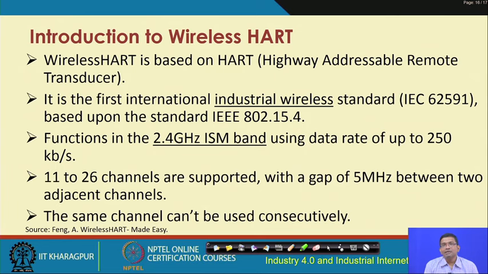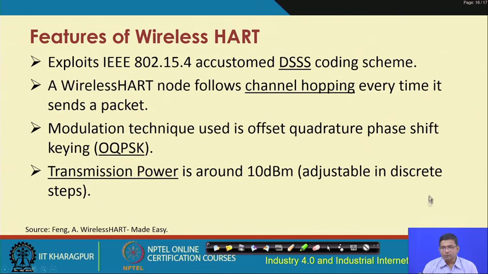It functions in the 2.4 gigahertz ISM band using data rates of up to about 250 kbps, and channels 11 to 26 are supported with a spacing of about 5 megahertz between two adjacent channels. The wireless HART protocol also makes it mandatory that the same channel can't be used consecutively. So this channel spacing is very important in the wireless HART protocol.